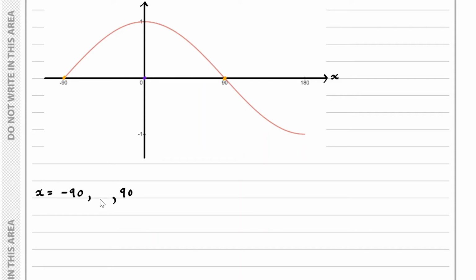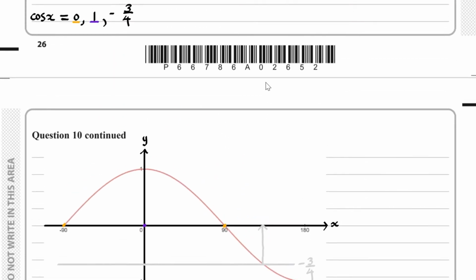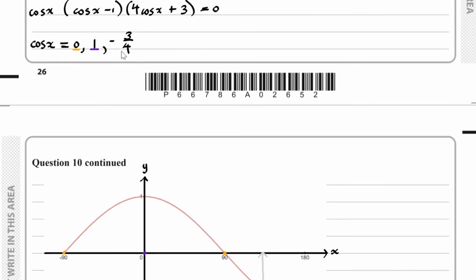So this is our other x value. We have 0. And we also see that when we have cos x equals minus 3/4, if we draw a horizontal line here, say, we have a solution over here. And this solution over here we can quite easily work out.